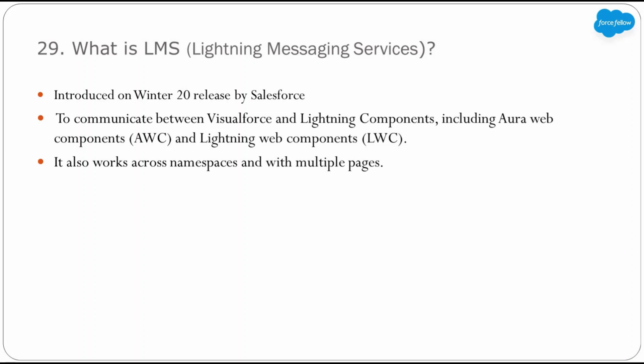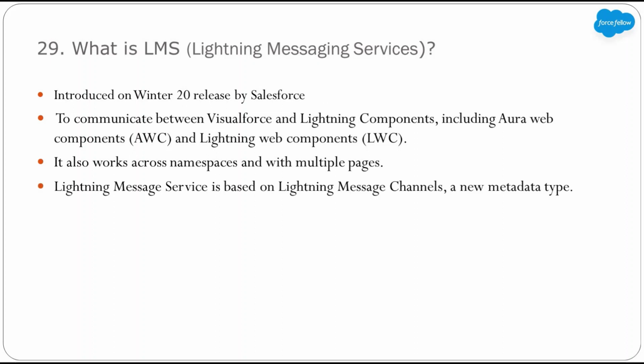The next advantage is that it works across namespaces and with multiple pages. If you have multiple pages on the same browser, with the help of LMS we can do communication there. And Lightning Messaging Service is based on Lightning Message Channels. This is a new metadata type in Salesforce that was introduced for LMS only.